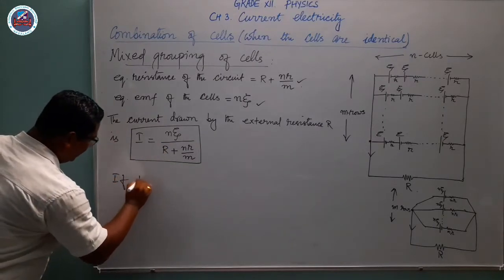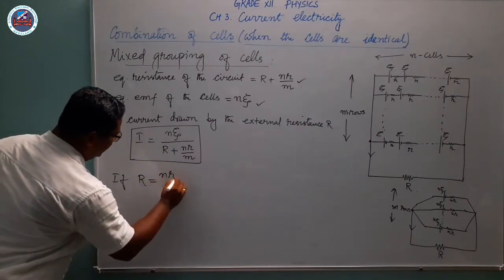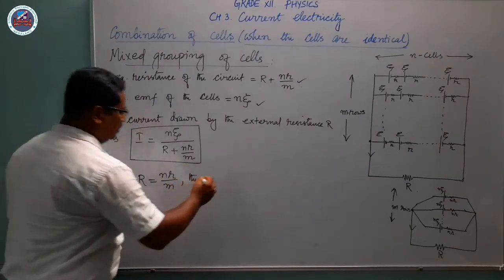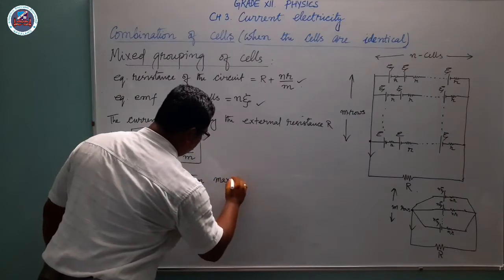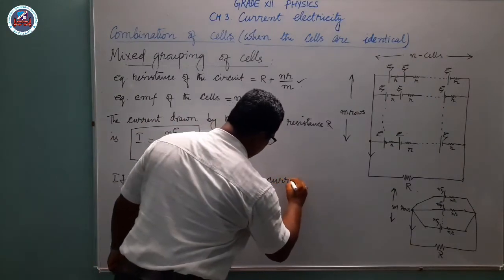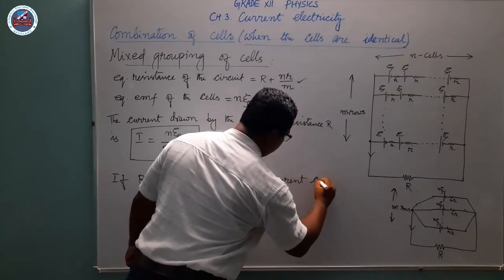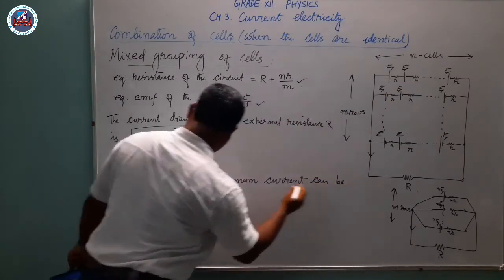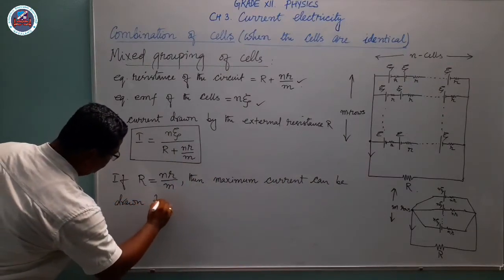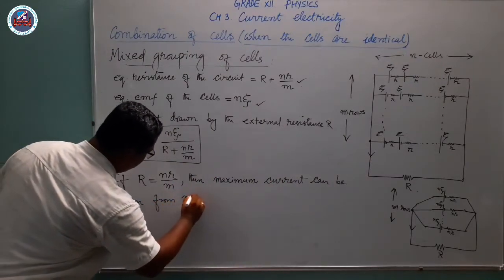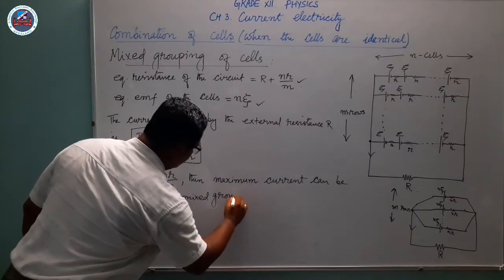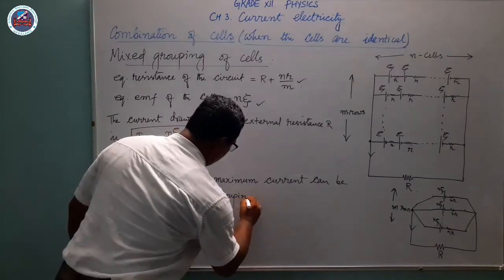If R is equal to nR by m, then maximum current can be drawn from mixed grouping or mixed combination of cells.